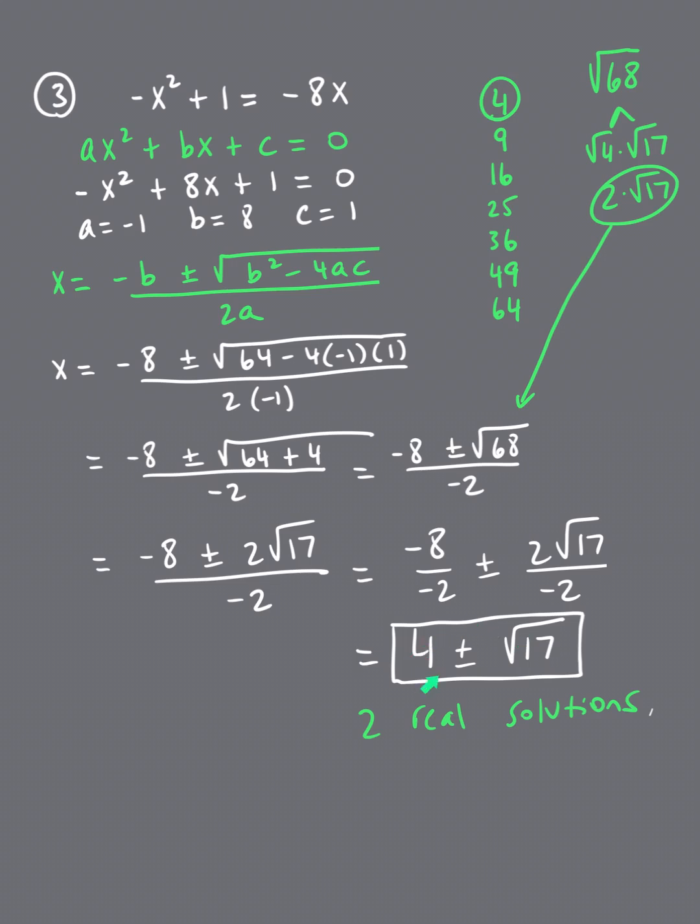The only time that you really want to turn this into a decimal answer is if you have a word problem, and then it just makes more sense to have a number instead of this exact answer.